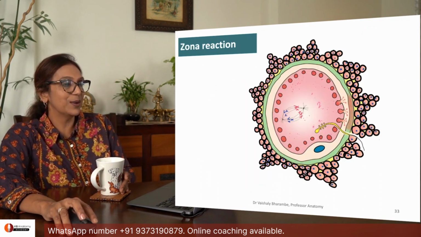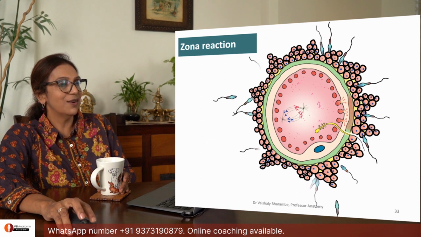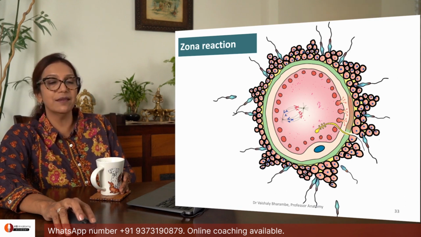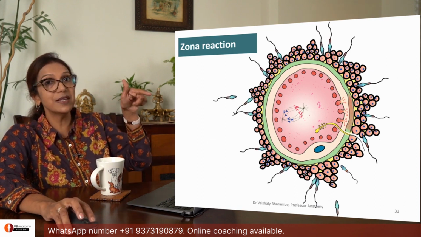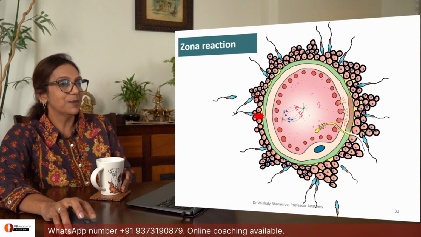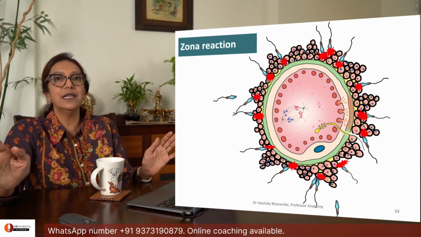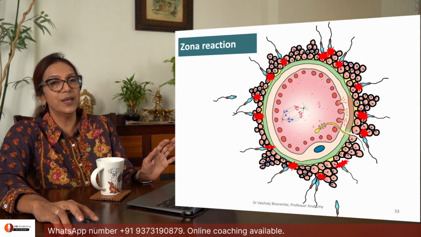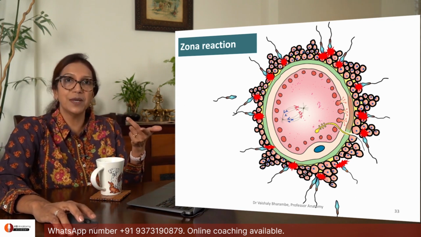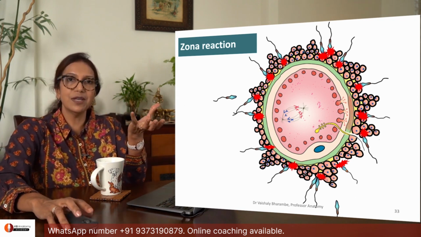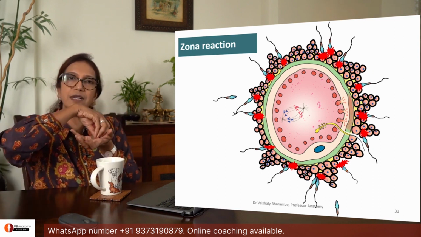Let's take a look, okay. So here all these sperms are trying to enter, but there is already a sperm sitting inside and none of the other sperms are allowed to enter. Okay, this prevents polyspermy. Just imagine that a secondary oocyte receives one sperm and then receives another sperm.